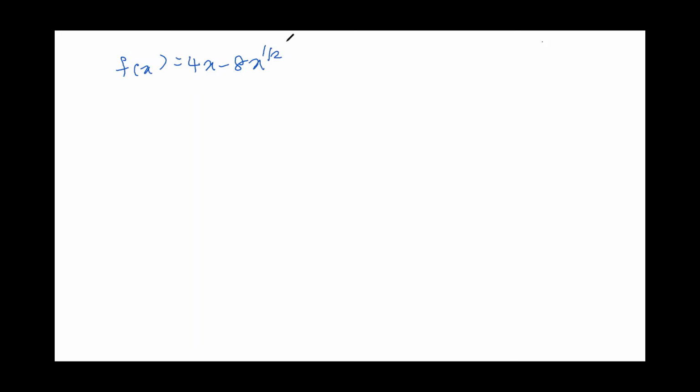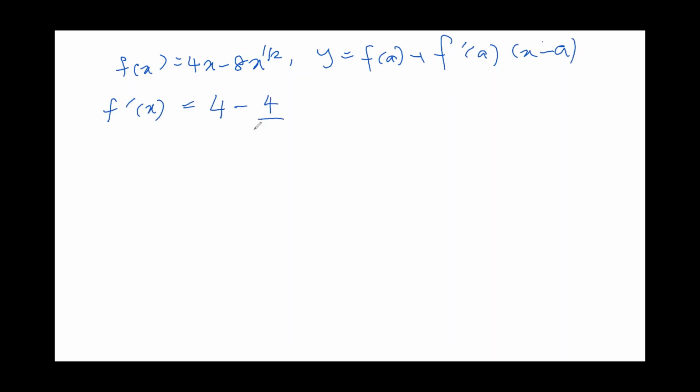Can you see this? So now we know the formula for this is y equals f(a) plus f prime(a) times (x minus a). Now let's look at f prime(x): df/dx is equals to 4 minus 4x to the power of 2.